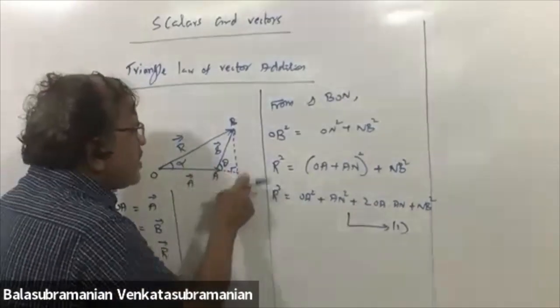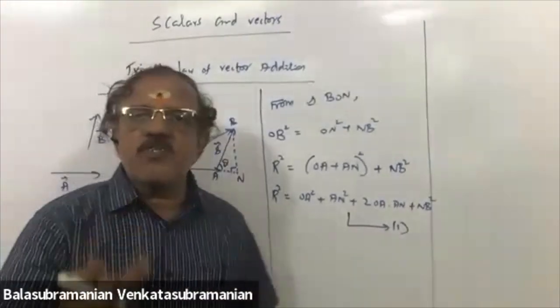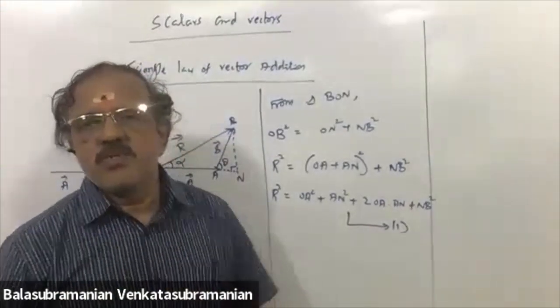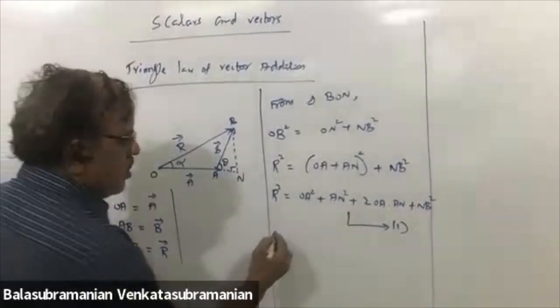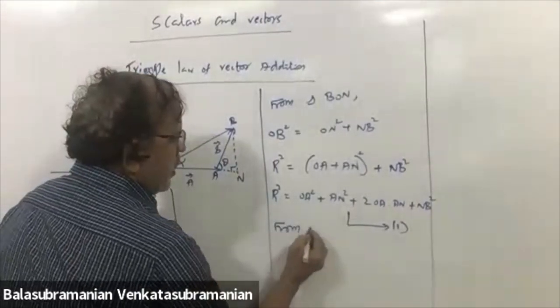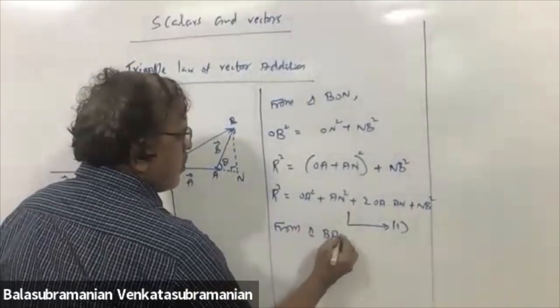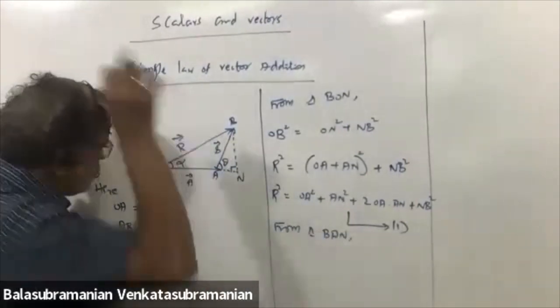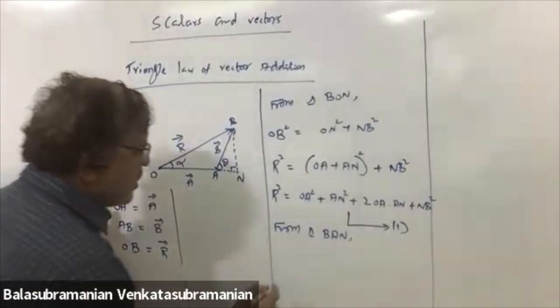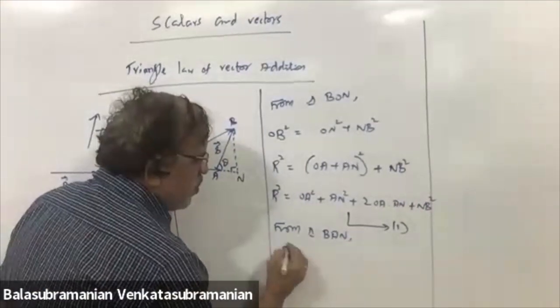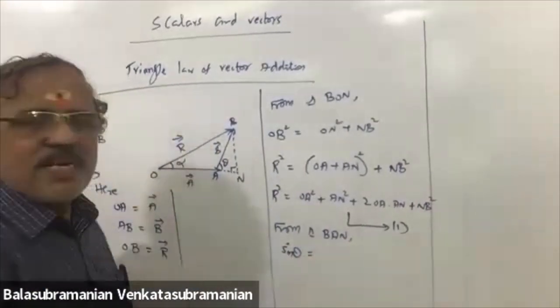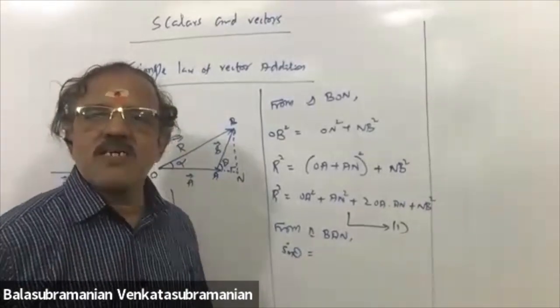For this theta, NB is called the opposite side. So I can write from triangle BAN, sin theta is equal to, what is sin theta?